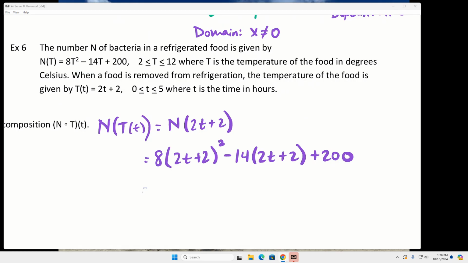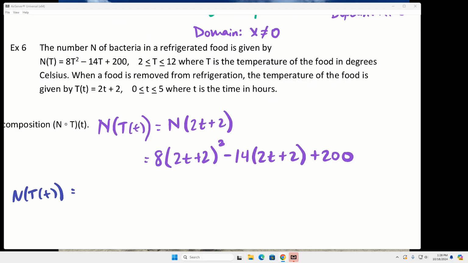I'm going to move over a little bit because this is going to take up some space. Okay, can I distribute this 8 into those parentheses? What do y'all think? You can't, because it is squared. If there's a power on your parentheses, they're locked in.